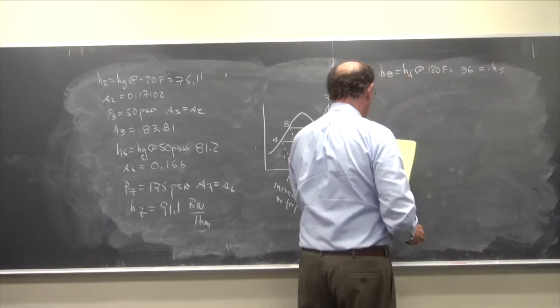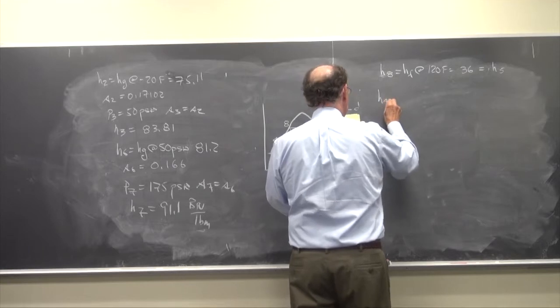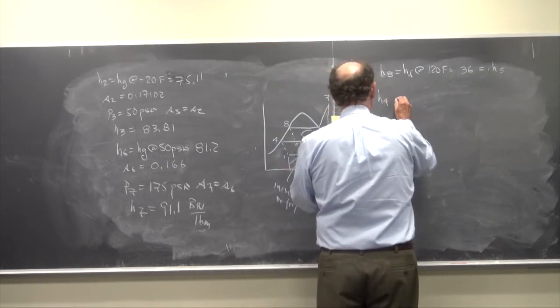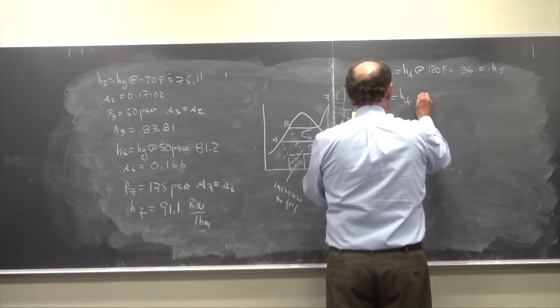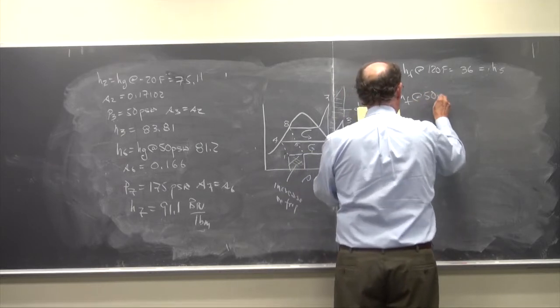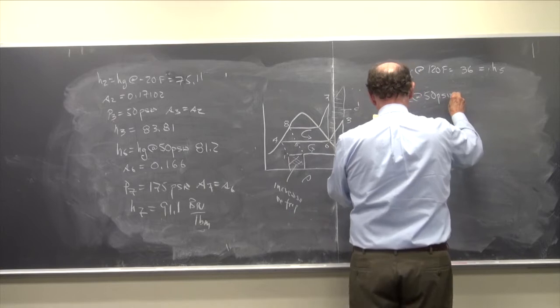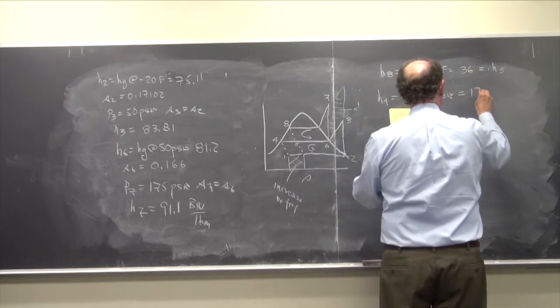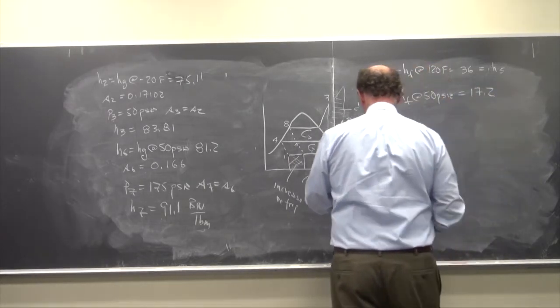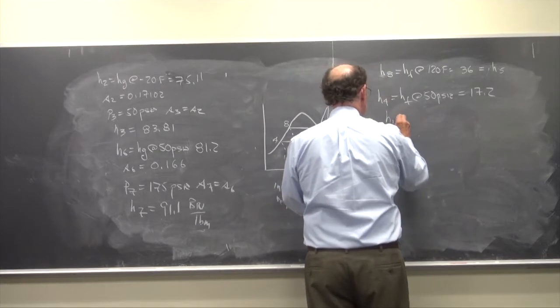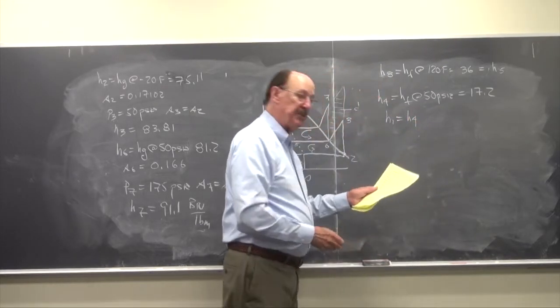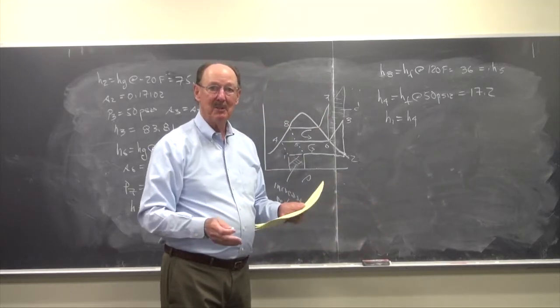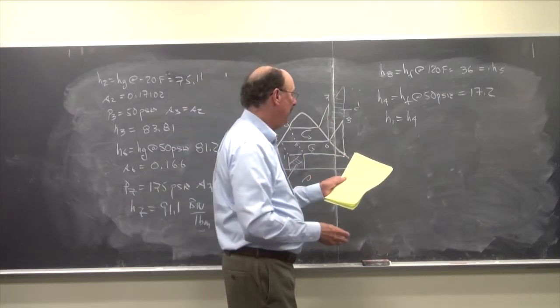And H4 is equal to H sub F at 50 psia, which is equal to 17.2. And H1 is equal to H4. And so at this point, we have everything. It's taken a while, but we have all our enthalpies.